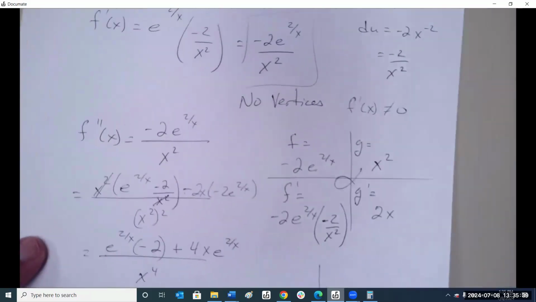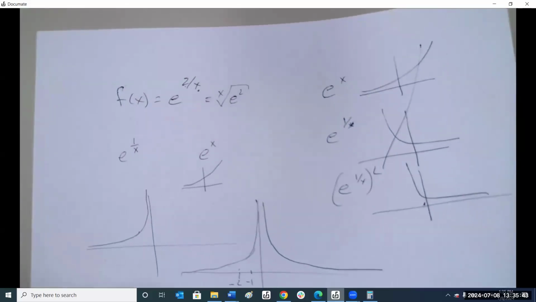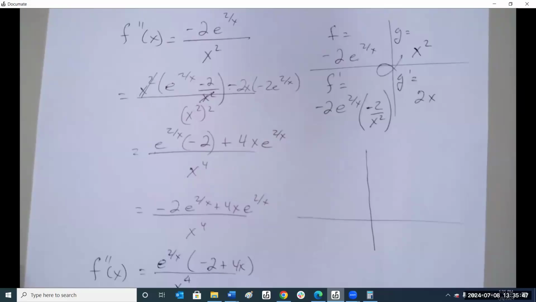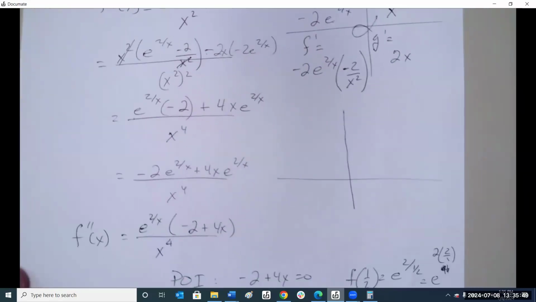Okay, so my first derivative says no vertices. Check, there's no vertices. And the second derivative, the point of inflection is at 1/2.